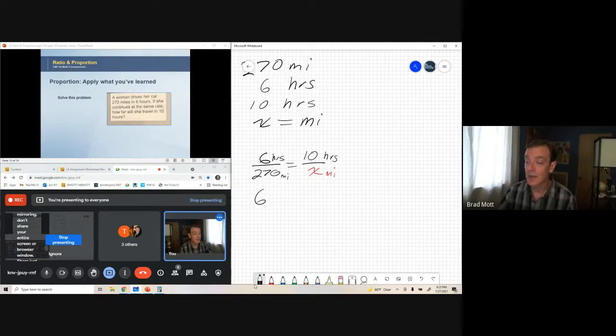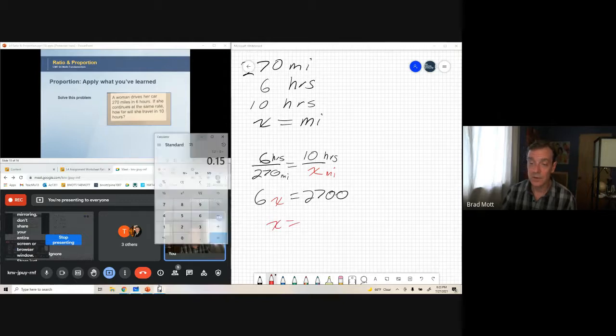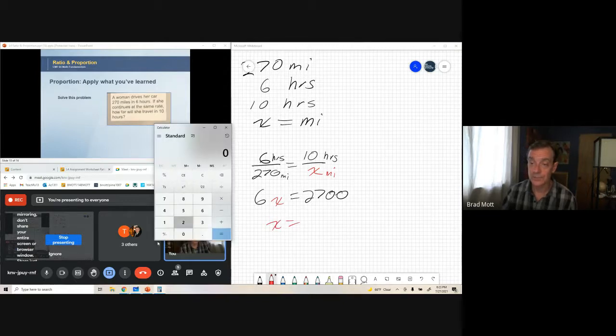6x is equal to 2,700. Divide by 6. x is going to be equal to 2,700 divided by 6, or 450 miles.